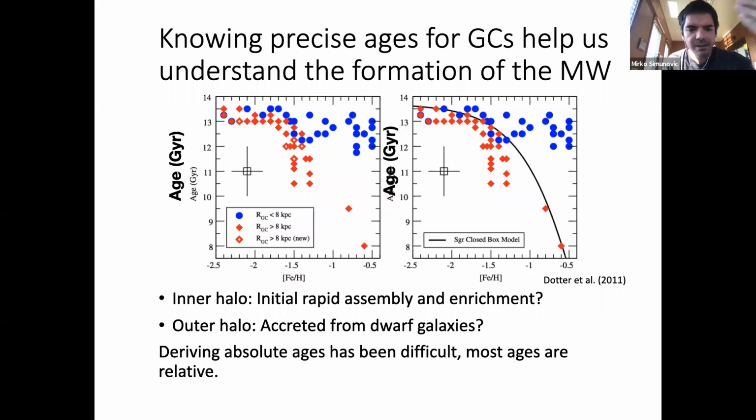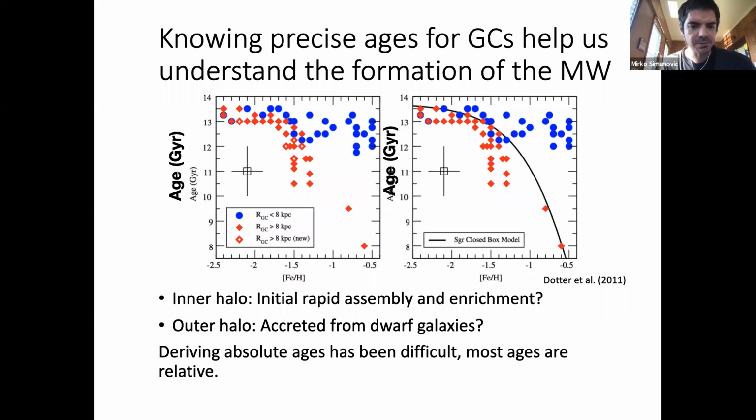So this is a way that we can build some idea of the way that the Milky Way forms. We believe that diagrams like this are suggesting that the inner halo formed initially with rapid assembly. So it formed fast at the beginning of the history of the Milky Way.